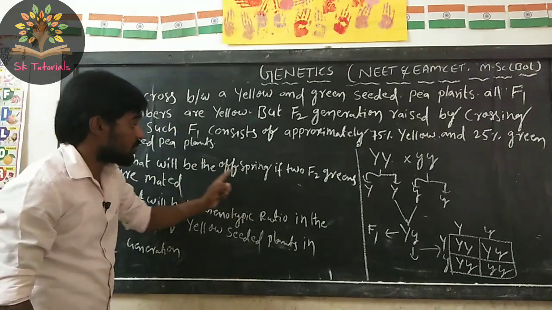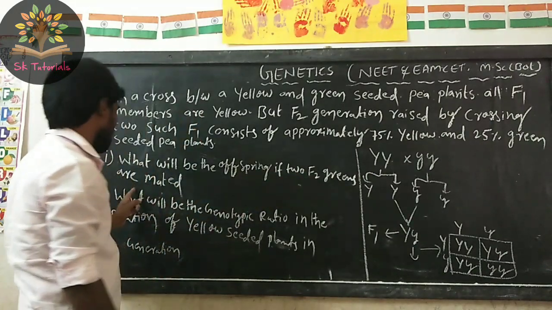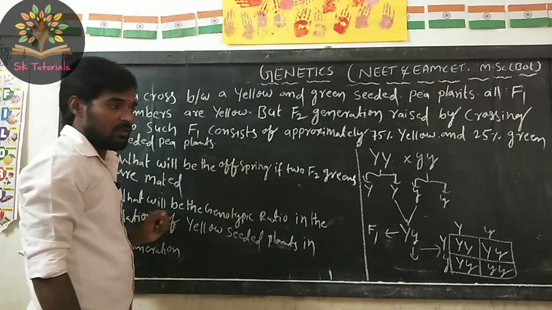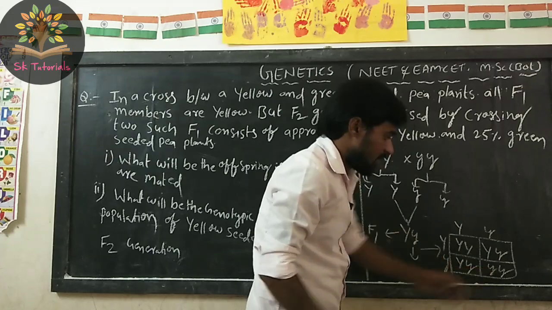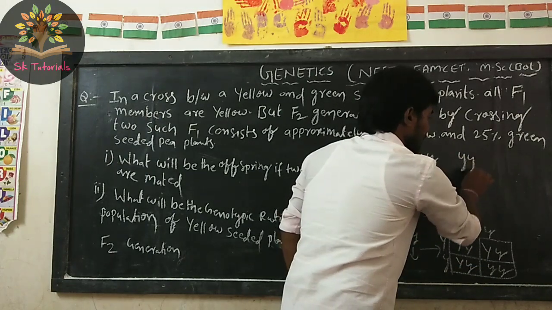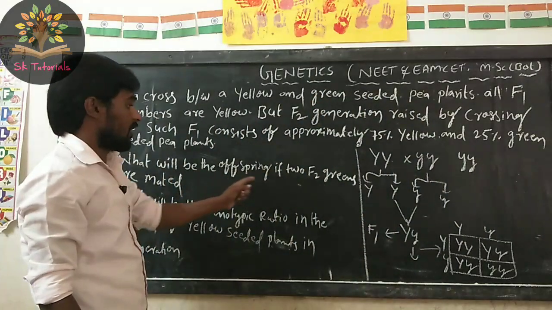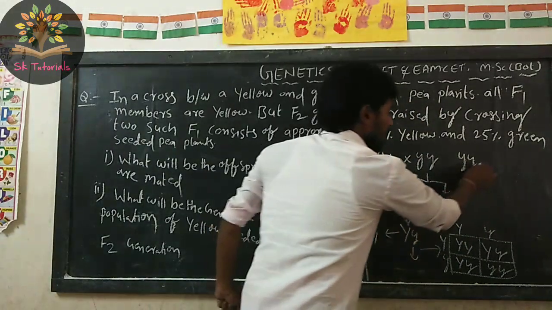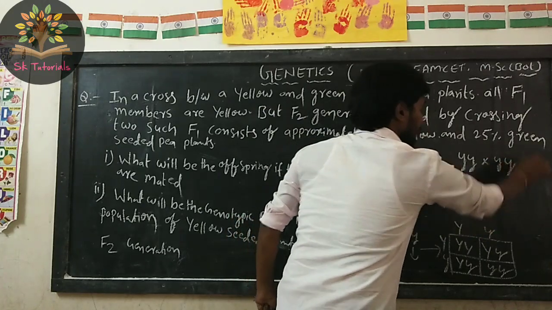What will be the offspring if 2 F2 greens are mated? How many F2 greens are here? 1. Small y. What is he asking? What will be the offspring if 2 F2 greens are crossed with another F2 green?